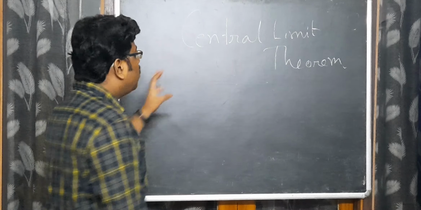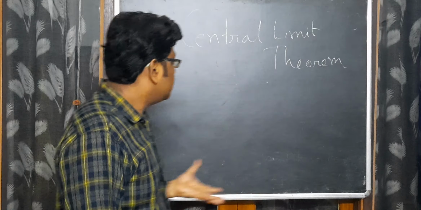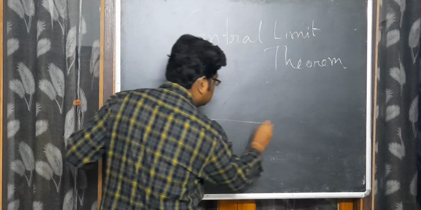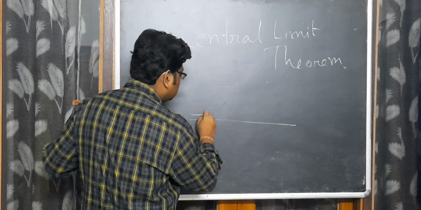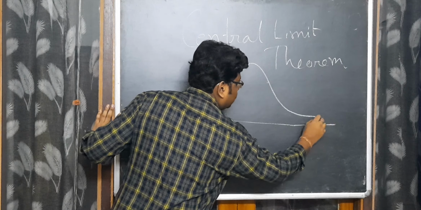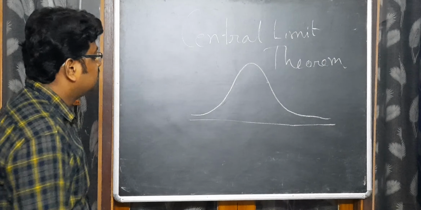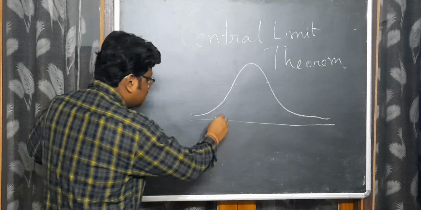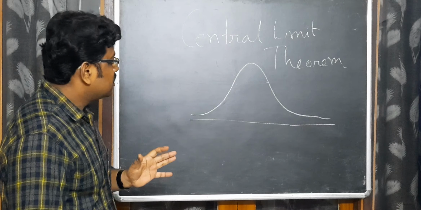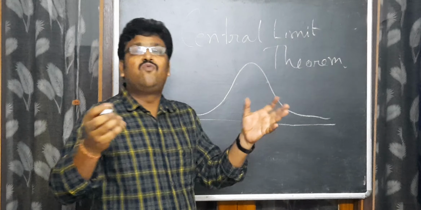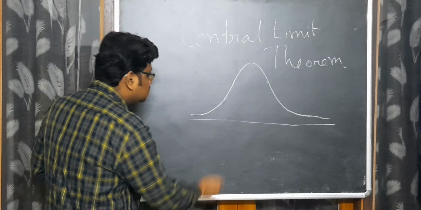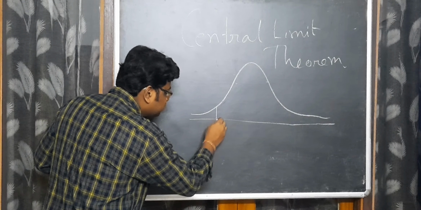Okay, so what is this? Suppose, look, this is a distribution. This is a population distribution, and you are taking 3 or 4 samples from this population.